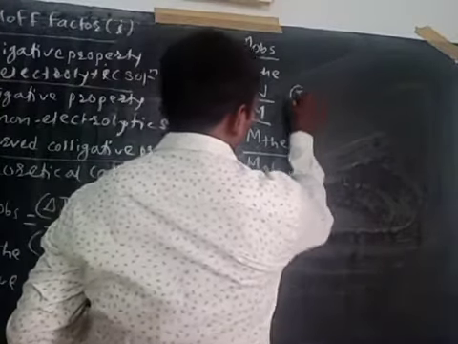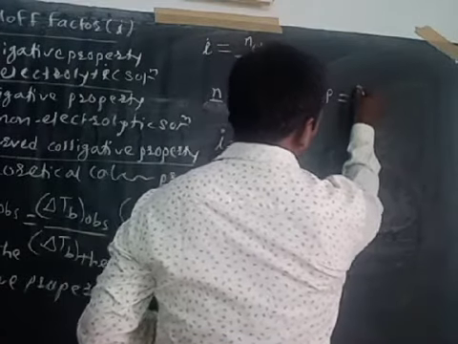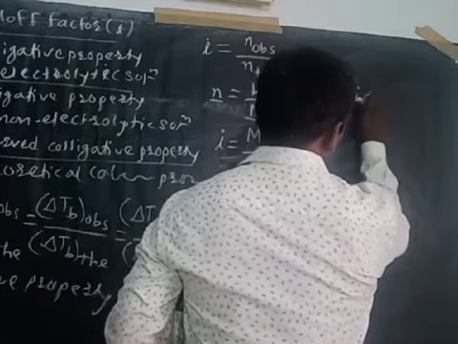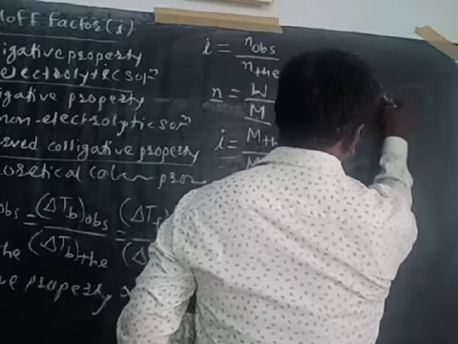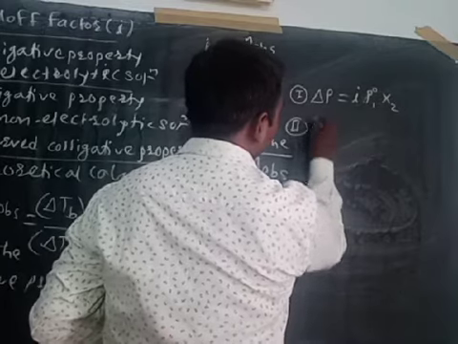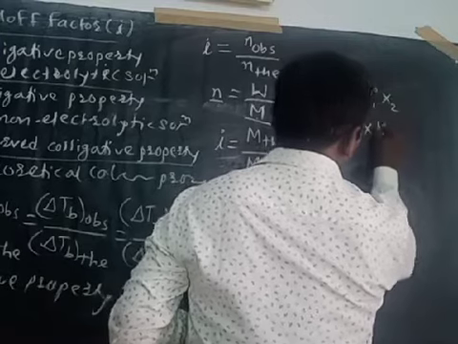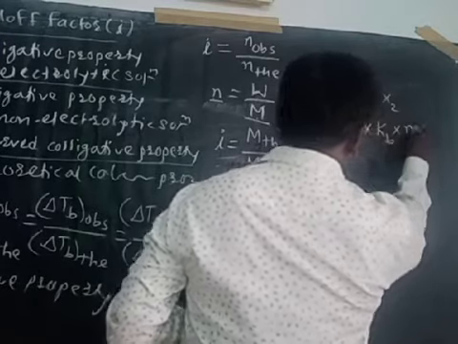The first expression, delta P, the lowering of vapor pressure, is i into P0 1 x2. For delta TB, the expression will be i into KB into m.